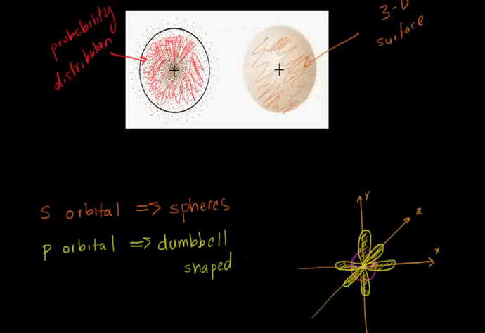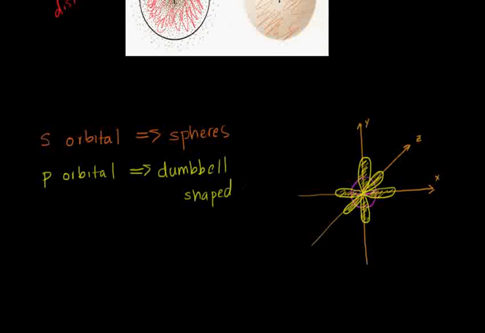These p orbitals are just three-dimensional surfaces which represent the likelihood of finding little electrons within these orbitals. So we're going to say that there's a 90% chance that an individual electron is going to hang out in this orbital if we know it inhabits a p orbital.